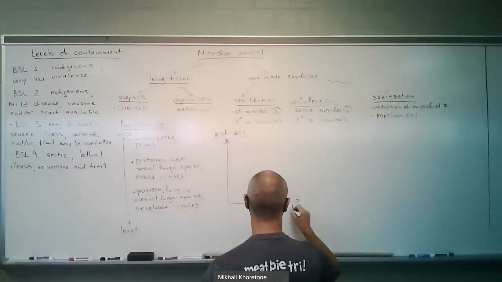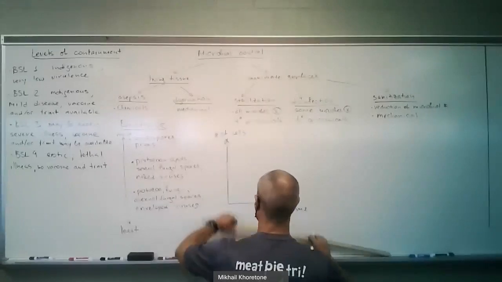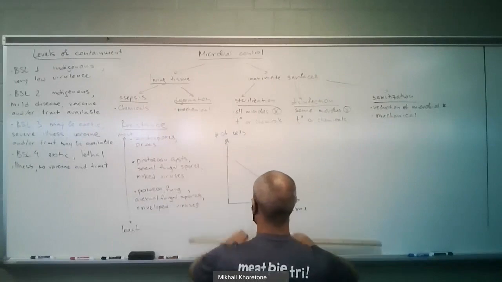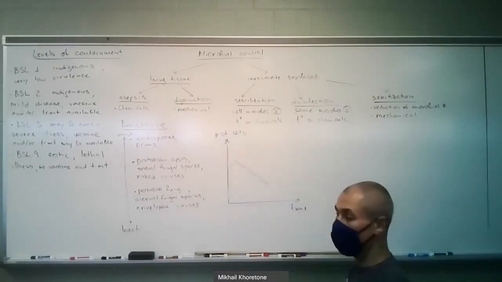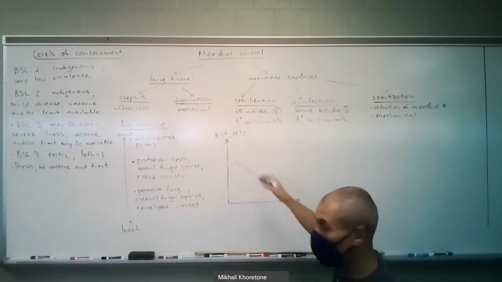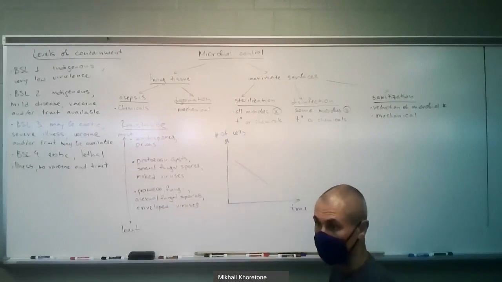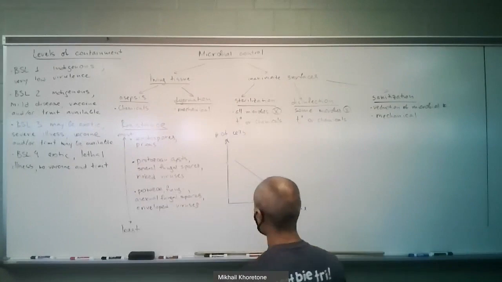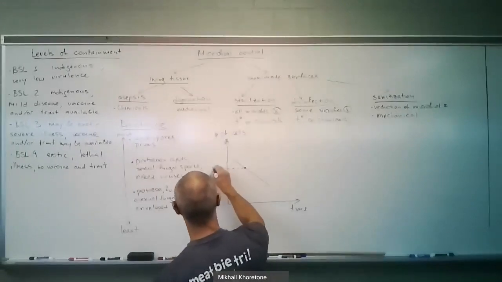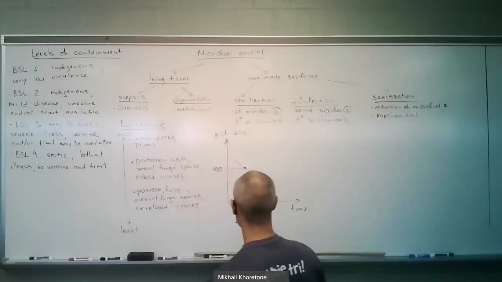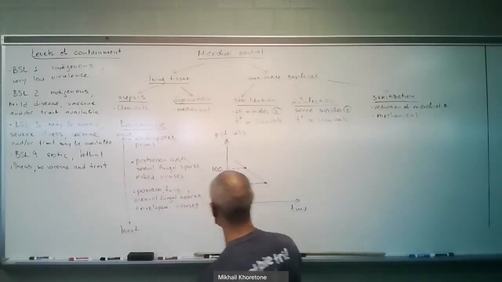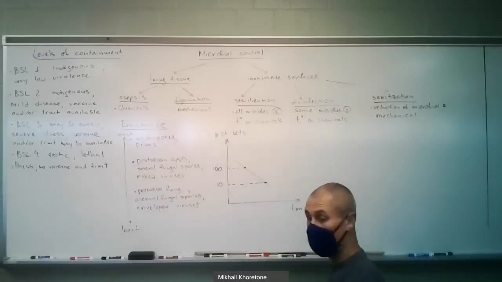This is time. So this is how number of cells changes with the time. So your method, whatever it is, kills microbes. Does that make sense? Are you following? So imagine that this number here is 100 cells. And this number here is 10 cells. So that's logarithmic scale. Okay.